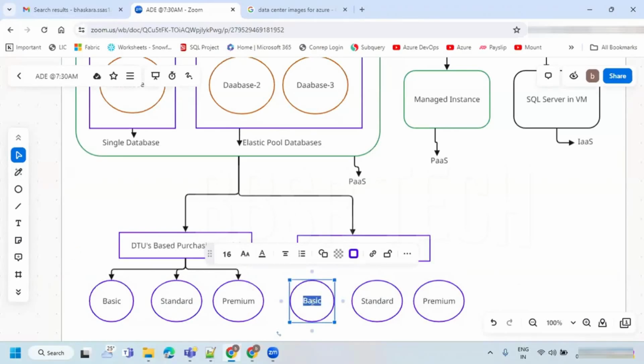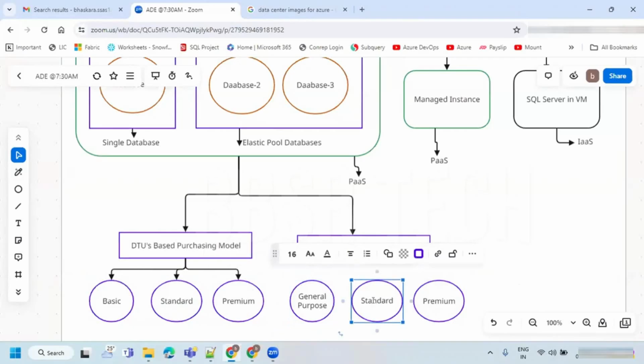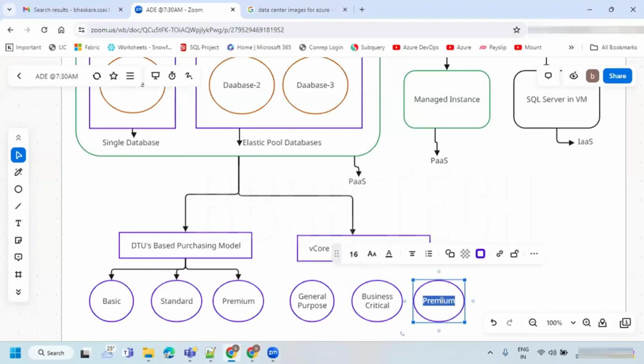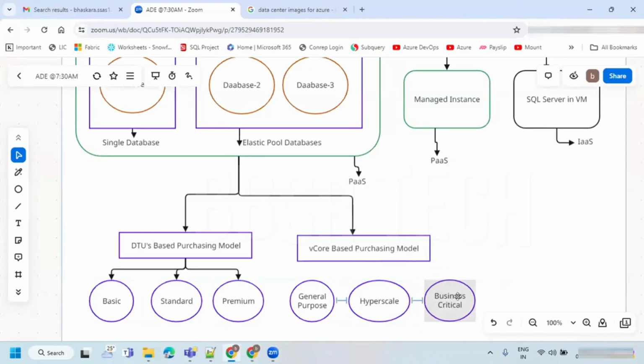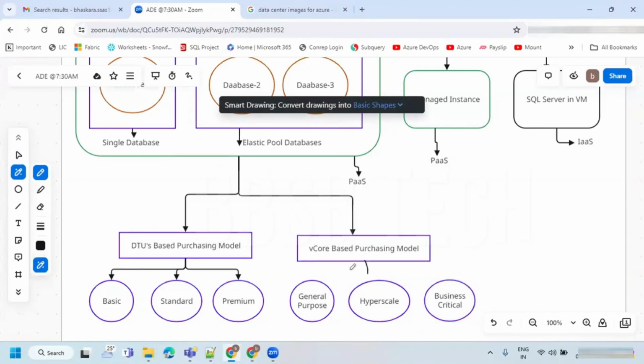That is general purpose, business critical, and hyperscale. So three pricing tiers even in this particular place.